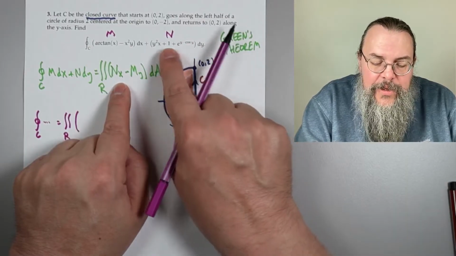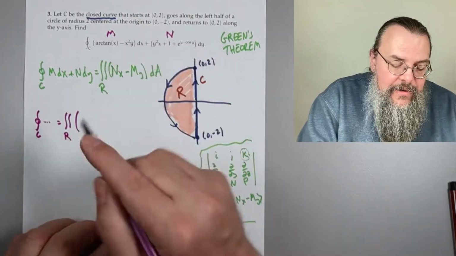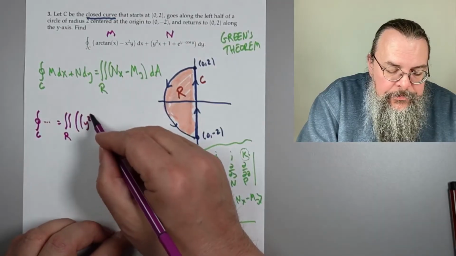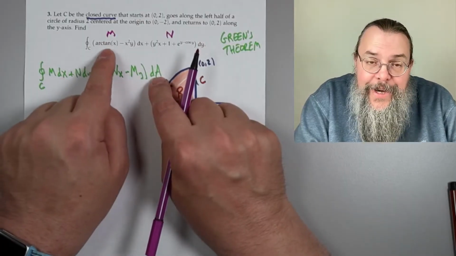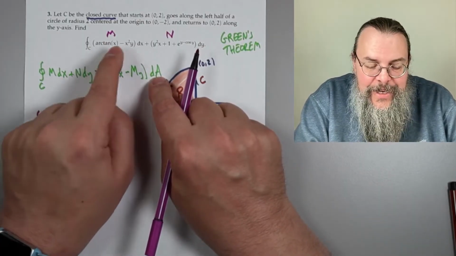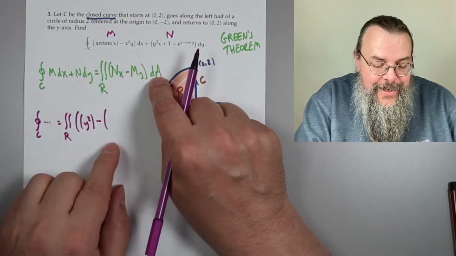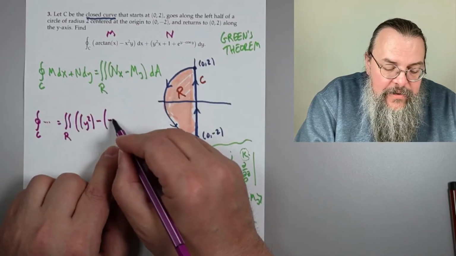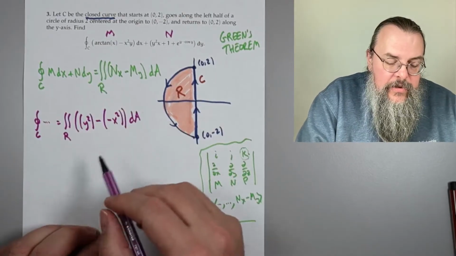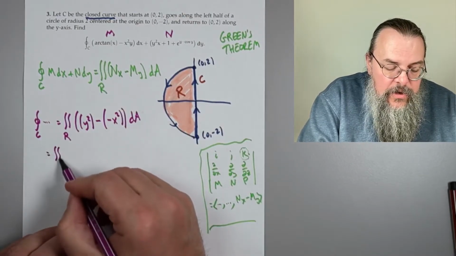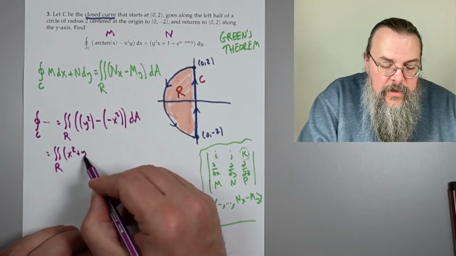So that goes away, the derivative of 1 goes away, the derivative of y squared x with respect to x is y squared. Subtract. Okay, now take the derivative with respect to y. Our tangent x goes away, the derivative of minus x squared y with respect to y is minus x squared. So it's y squared minus x squared. And dA. Okay, so it's the integral over our region of x squared plus y squared dA.